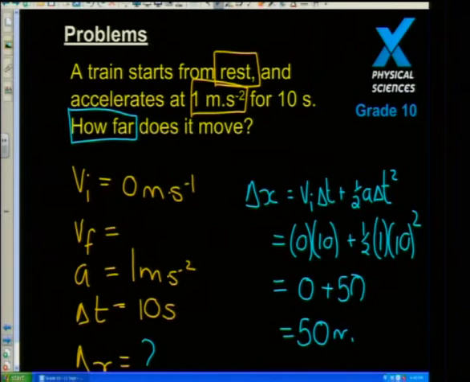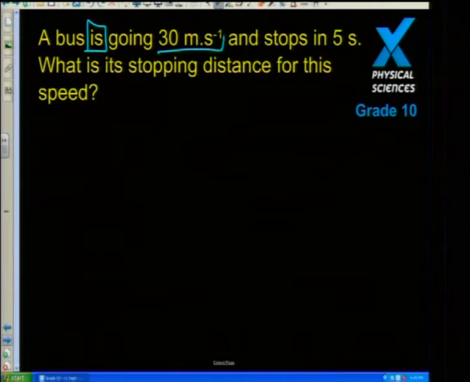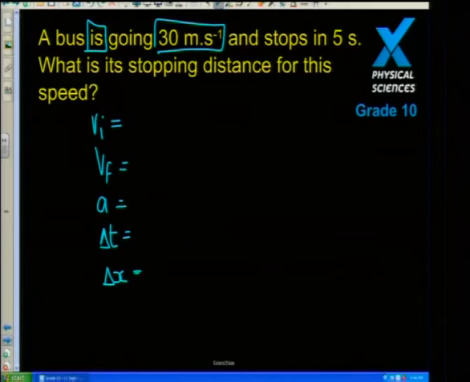Okay? You guys ready to tackle another one? I hope so. So here we go. A bus is going at 30. What did I say? We need to have a list. So VI, VF, A, delta T, delta X. So it is going at 30.